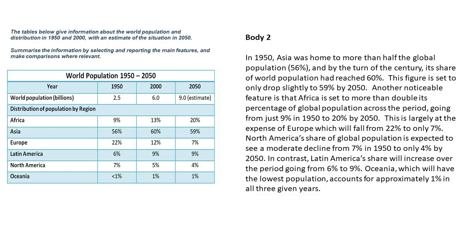Notice I said Oceania will have the lowest. When I say lowest, that's a superlative. That's putting Oceania in relationship to all the other data. So again, show comparison and contrast, just like you do for line graphs, pie charts, bar charts, etc.